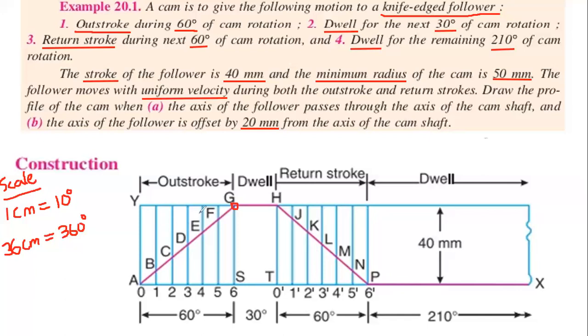So therefore we get the displacement diagram. So the height of the follower, that is the stroke of the follower, is 40 mm, or in some problems they give it as the lift of the follower. So lift and stroke are the same.